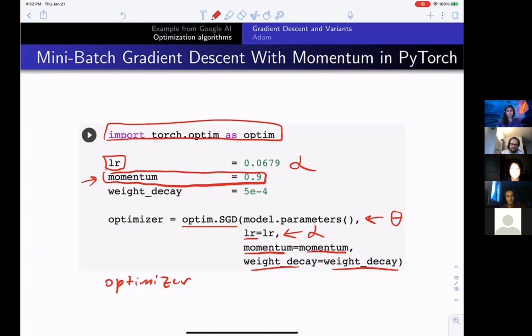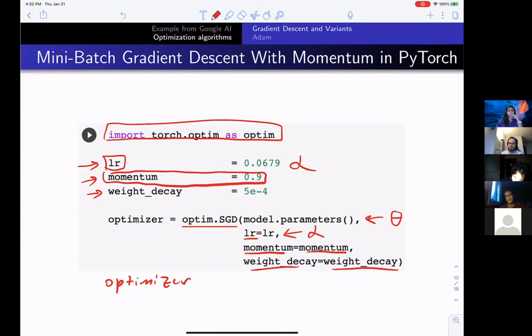It is a correct statement what you're saying, Neil. Yes, the point of deep learning is trial and error. The momentum is usually set to 0.9, so you don't really play with it. The weight decay is usually set to 5e-4 or 1e-4, so you don't really play with it. The most important parameter is the learning rate.